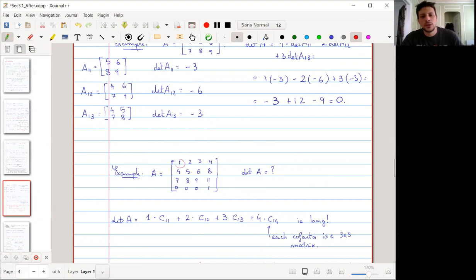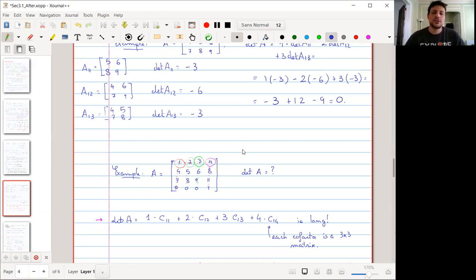So I would do this entry times the determinant of the matrix I get by erasing the first row and first column, minus this entry 2 times the second cofactor, erasing the second column and the first row, and then I would add 3 times the determinant from erasing the third column, and then the last one, plus 4 times the cofactor erasing the first row and the last column. That's what I wrote here.